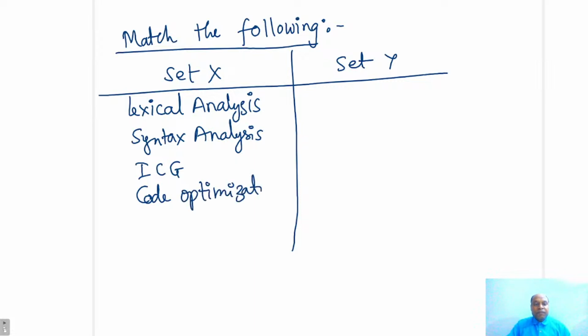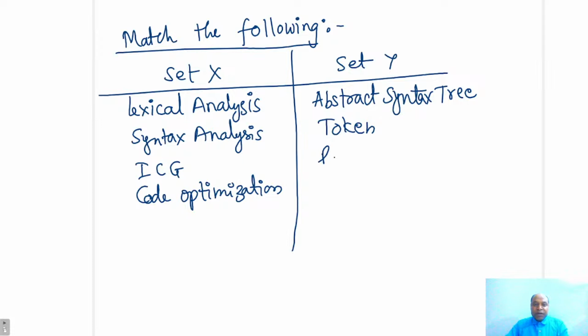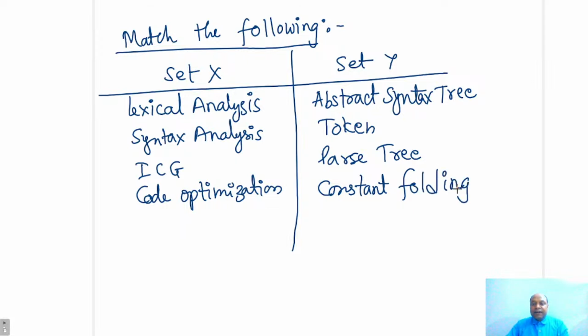Now in set y they have given abstract syntax tree, in the second part they have given token, and in the third part they have given parse tree, and in the fourth they have given constant folding. If the data is correct, then they have given it like this.